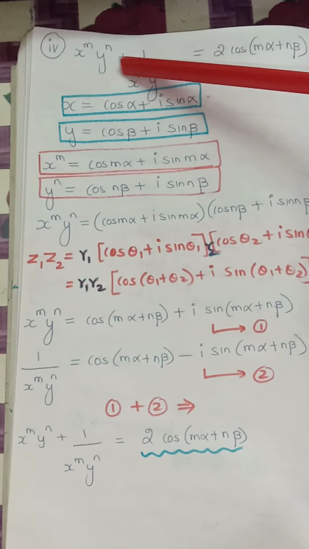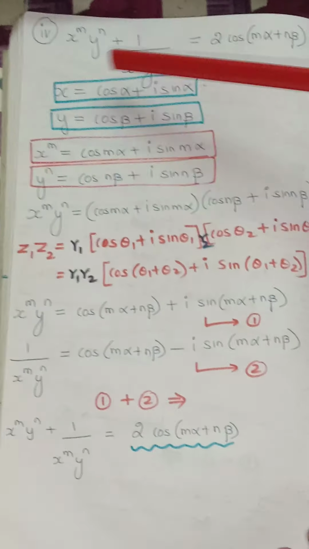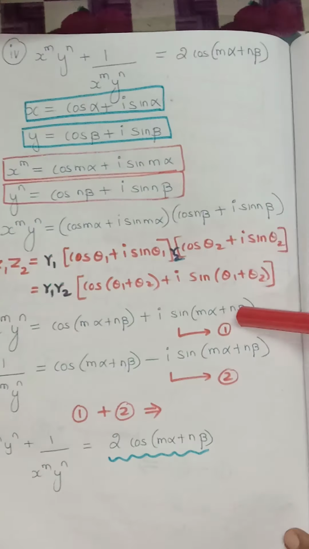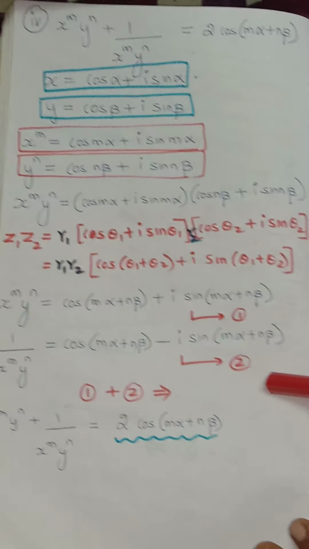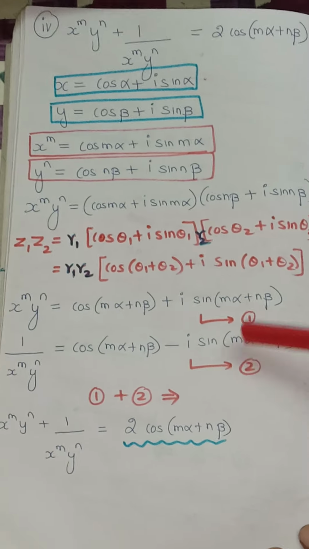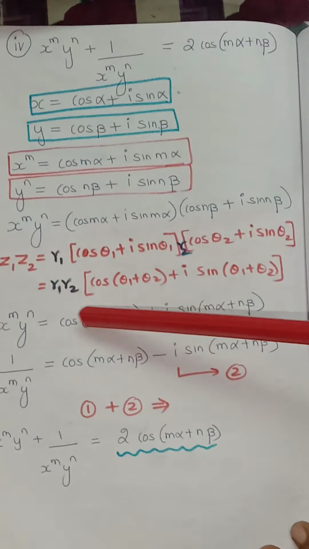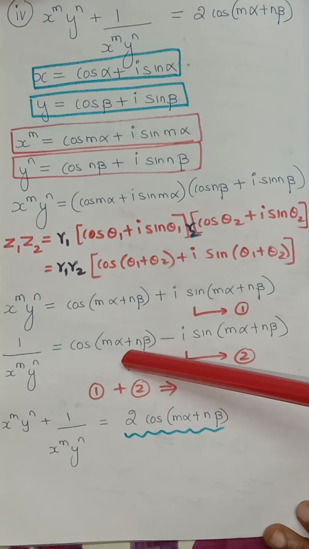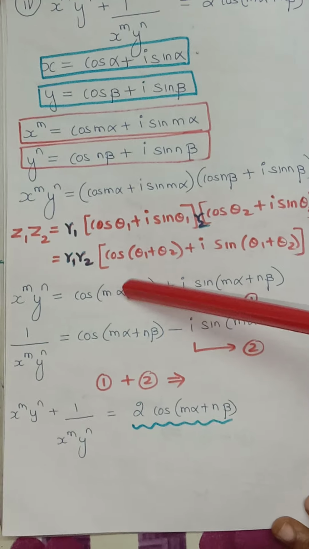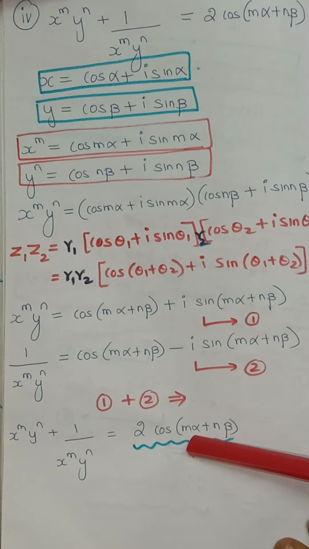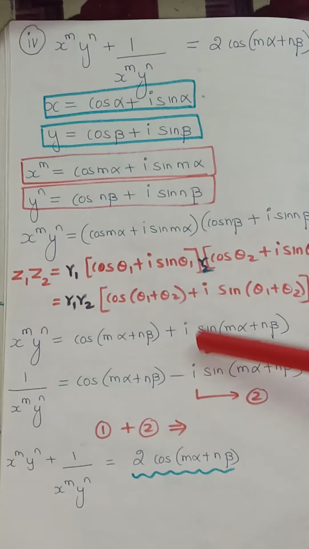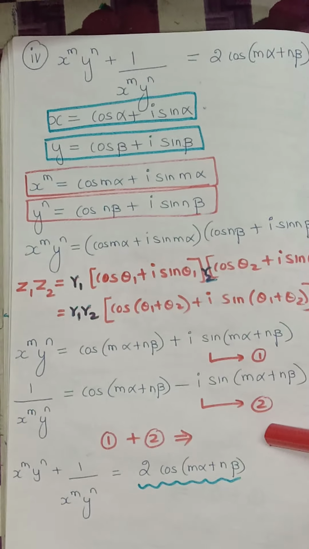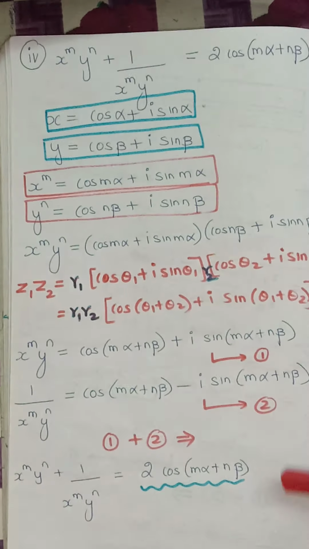Now see the question here. What is the sign we are having? Plus. So name this as equation number 1 and this as equation number 2, and add both. When I add these, cos(m alpha plus n beta) and cos(m alpha plus n beta) give 2 cos(m alpha plus n beta). These two sine terms will be cancelled. So we got the desired result.